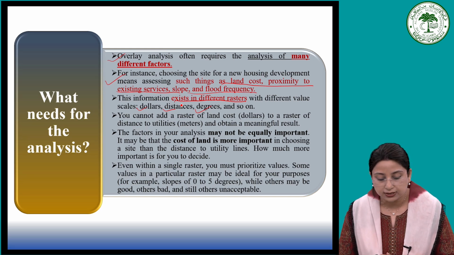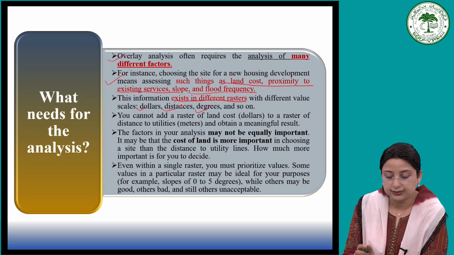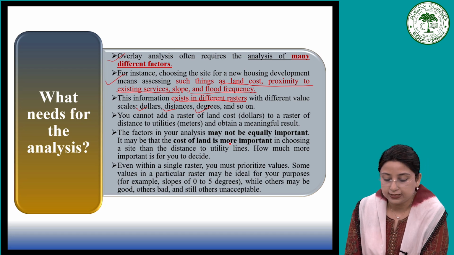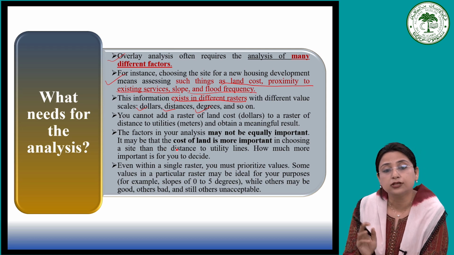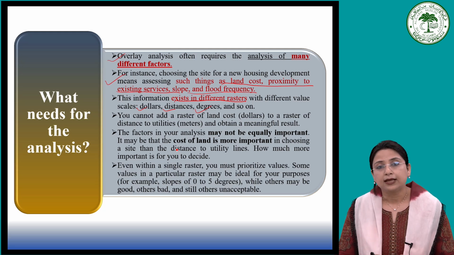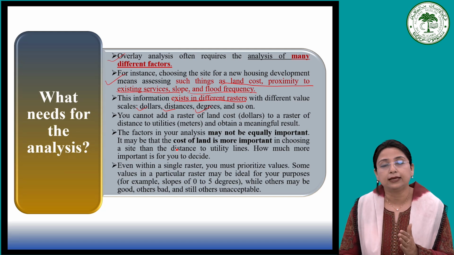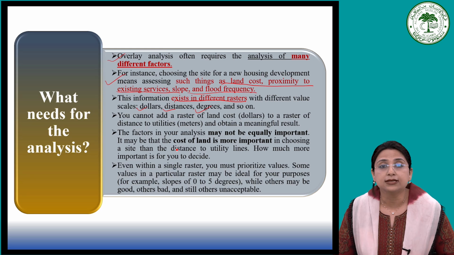Actually, the factors in our analysis may not be equally important. For example, the cost of land is more important in choosing the site in relation to the distance to the utility. So basically what is explained here is that for the input layers we are taking, weight is assigned according to importance.